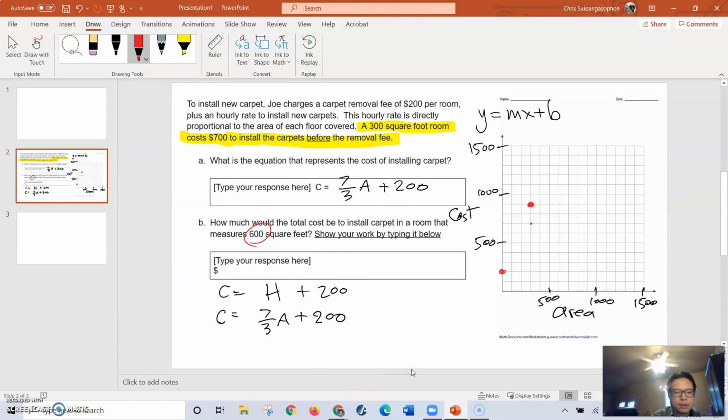Okay, so C would be equal to 7/3 times the area of 600 plus 200 for the removal fee. Okay, simplify and see what you get.